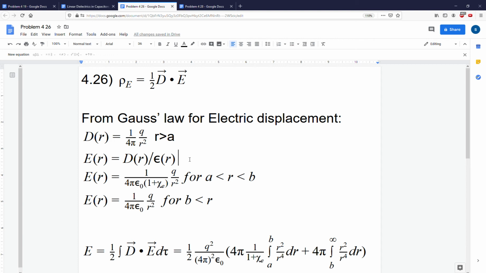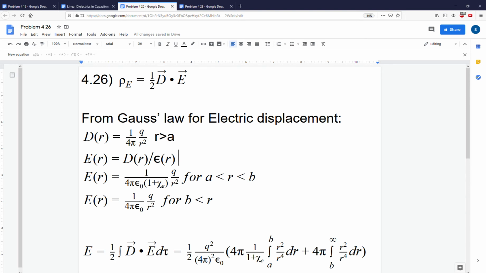Second, the relationship between electric field and electric displacement field we can see in equation 4.35. The electric field is 1/epsilon times the displacement field.